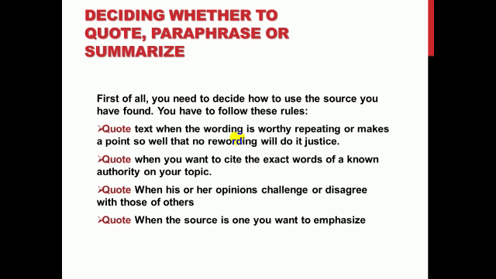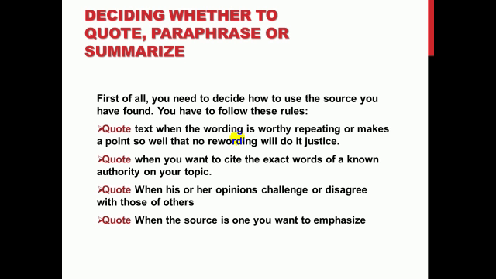Okay, so when the opinion of the author is very important and disagrees or agrees with my points, it is very important to quote them as they are, because it will stand as evidence for my idea. The last one, quote when the source is one you want to emphasize.